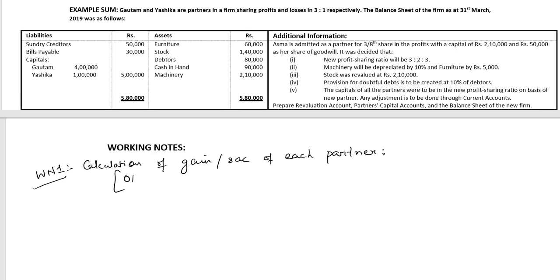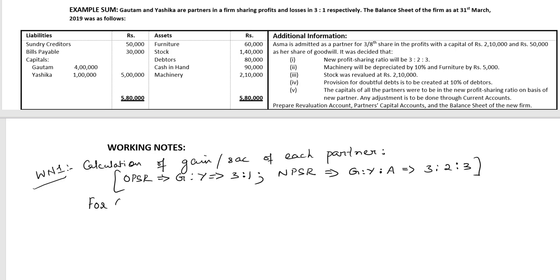We have old profit sharing ratio between Gautam and Yashika given as 3:1 and new profit sharing ratio between Gautam, Yashika and Asma given as 3:2:3.